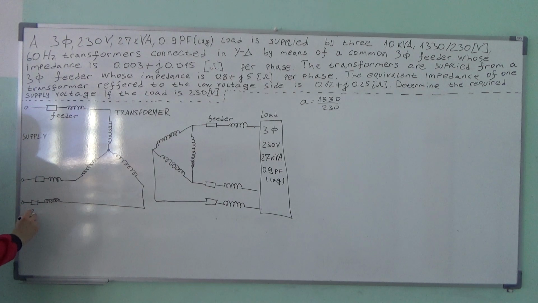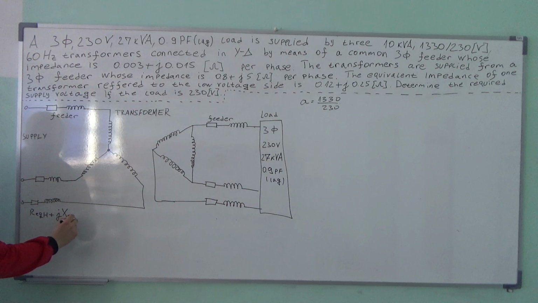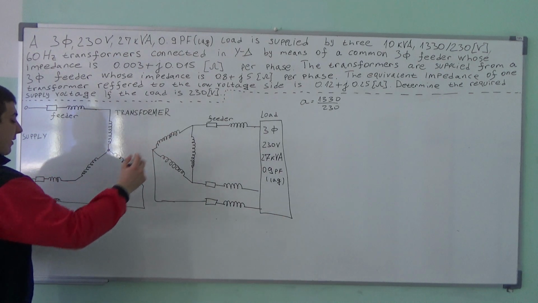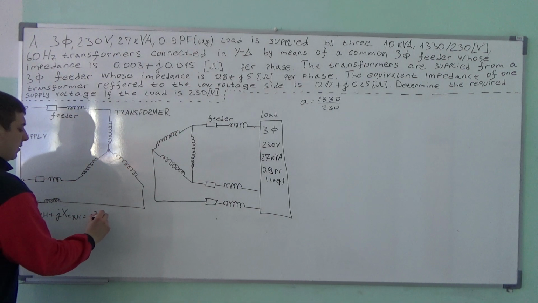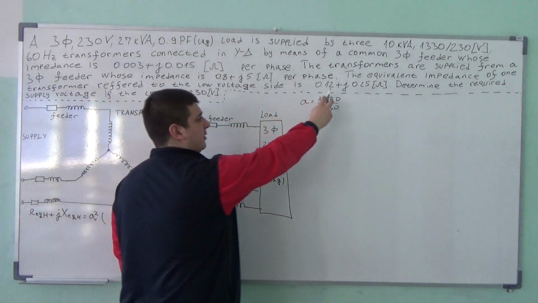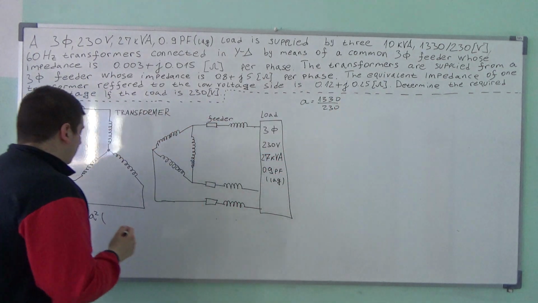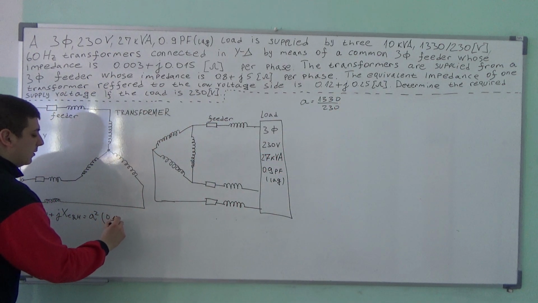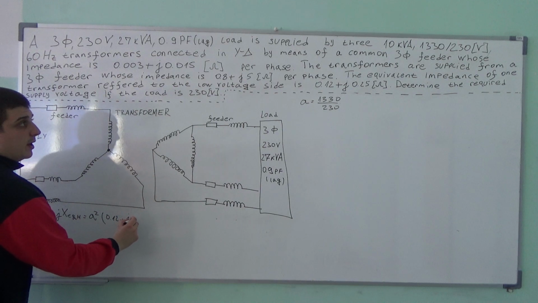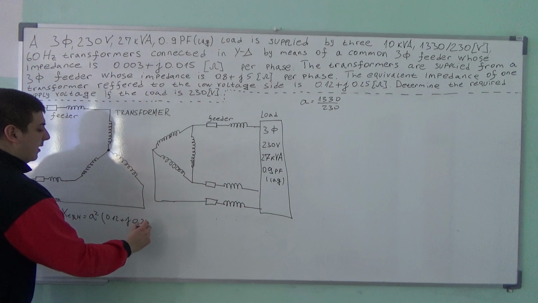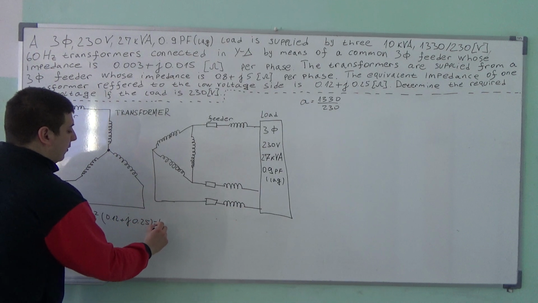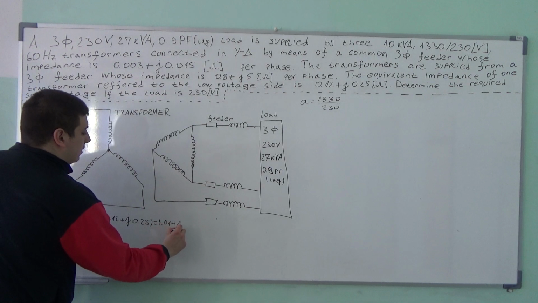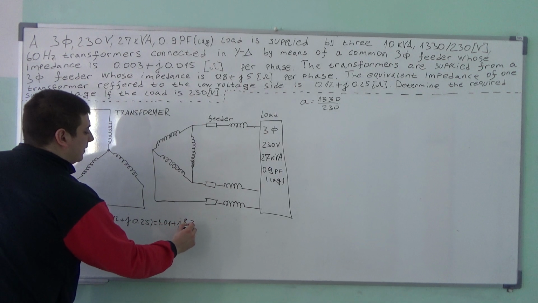Now, the equivalent impedance of a transformer from the high voltage side is equal to a squared times the impedance, 0.12 plus j times 0.25, and when you do this you get 4.01 plus j8.36.